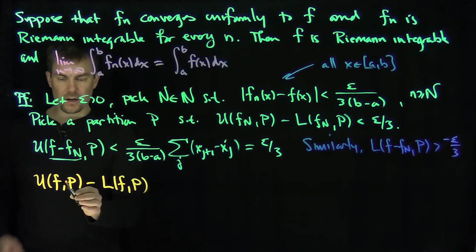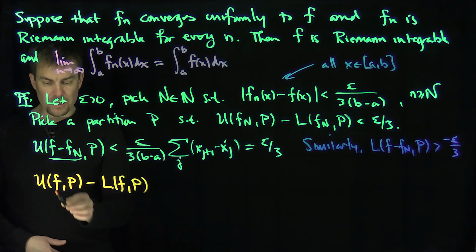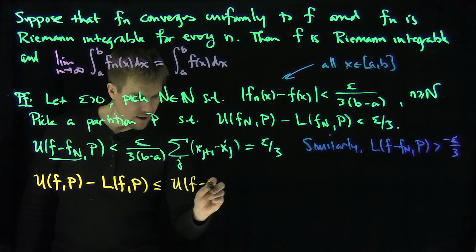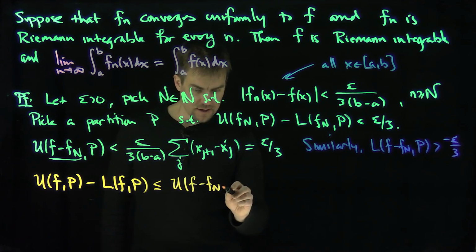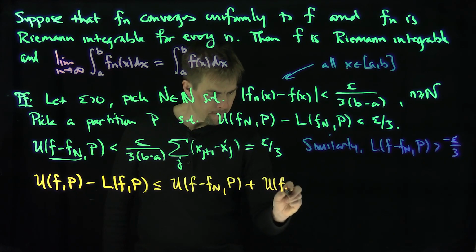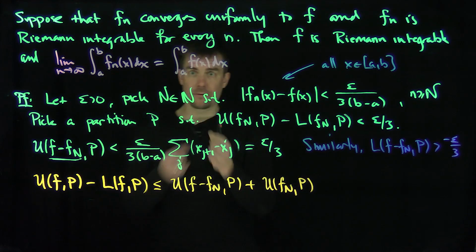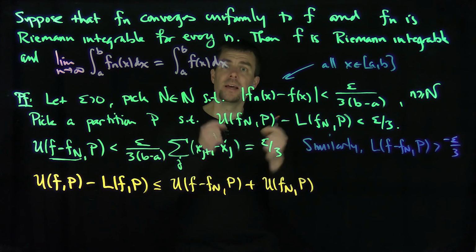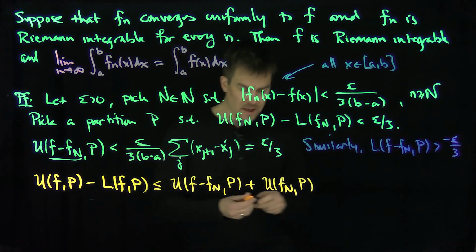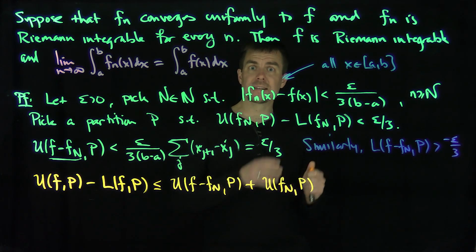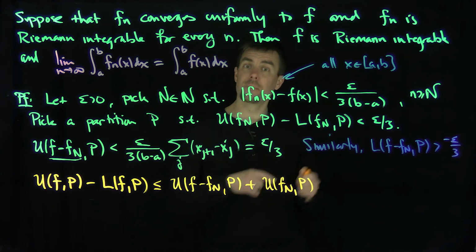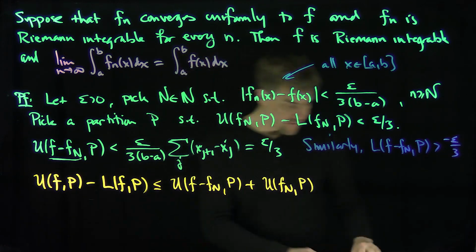I can make the upper sum bigger by adding and subtracting something to f, writing f as this plus this, because the supremum of the sum is less than or equal to the sum of the supremums. Now the infimum of the sum is greater than or equal to the sum of the infimums, so for this I have the opposite inequality.